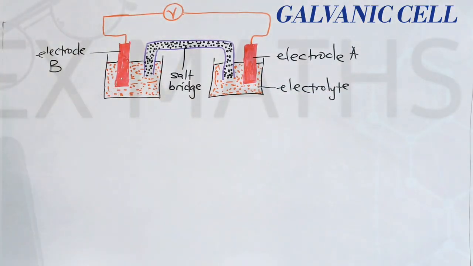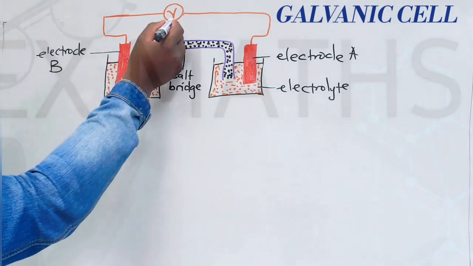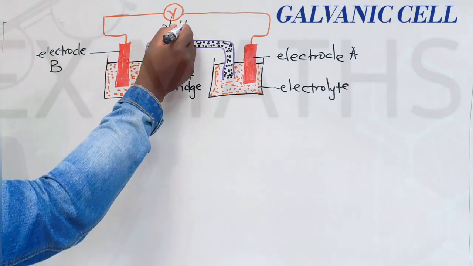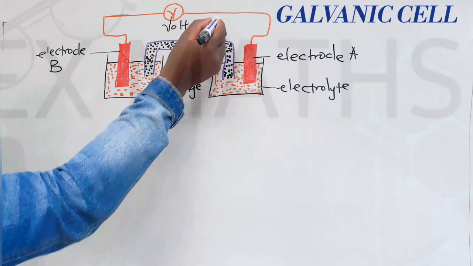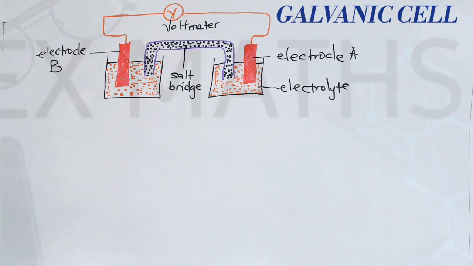This side is also electrolyte. Then this one, it's a voltmeter. It can be a voltmeter or any device that consumes current or voltage.